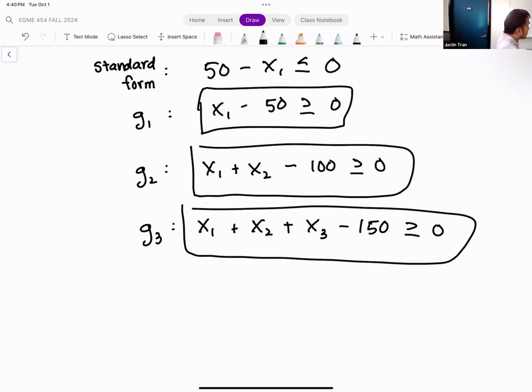That'll satisfy all the minimum orders, but that may not minimize the cost. So there may be a better way to do this. Maybe you front load a lot of the production so that you save some cost that way, and then you produce less in labor. So we're going to go through that.